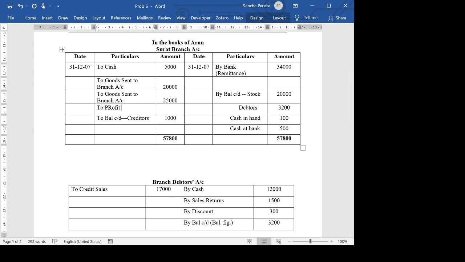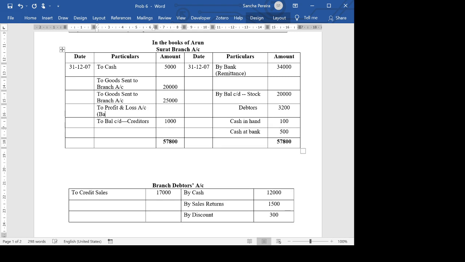To profit balance carried down is always the last item, even though the balancing figure is the profit and loss account. To profit and loss account is 6,800. It's 51,000.